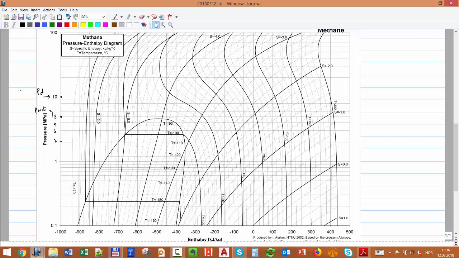Here we have 50, here we have 0, so 20 will be 1, 2, this line going up here. The first point will be the intersection between that and this line. Did all of you find it? We go with pressure 50, then with temperature 20, and we find exactly that point.